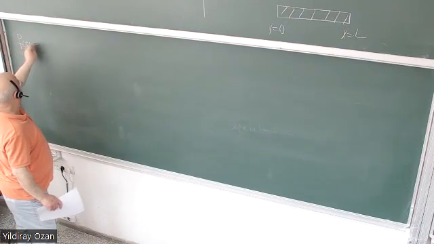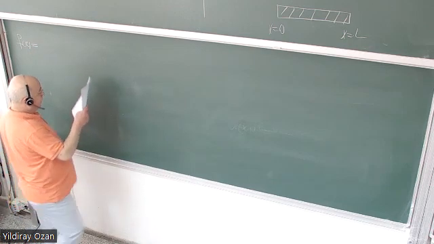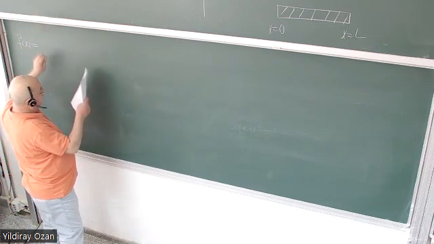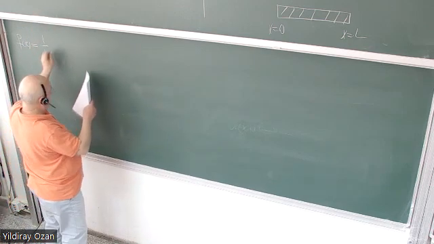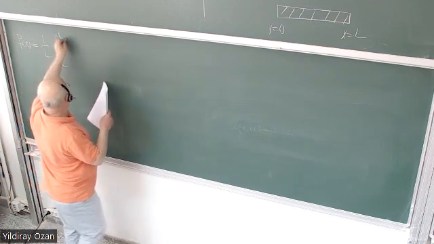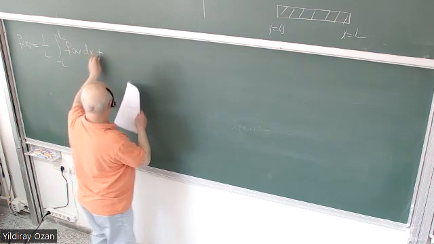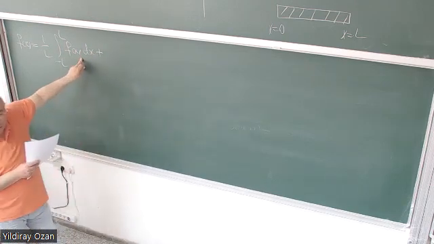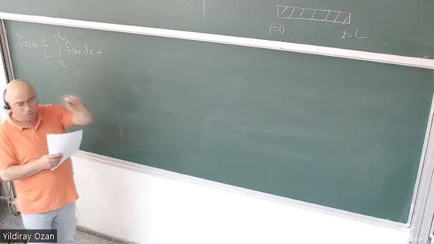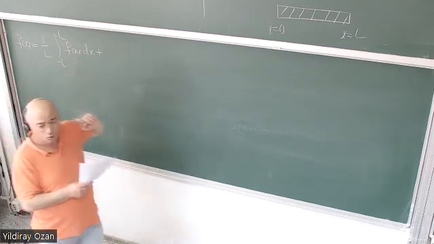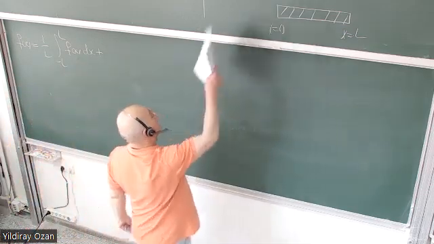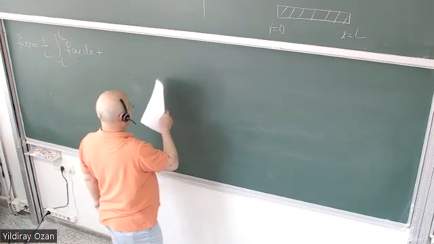We have this. a0 is just 1 over L times the integral from minus L to L of f of x dx, because cosine 0 pi x is just 1. Therefore, I have no cosine term here, the n equals 0 case.